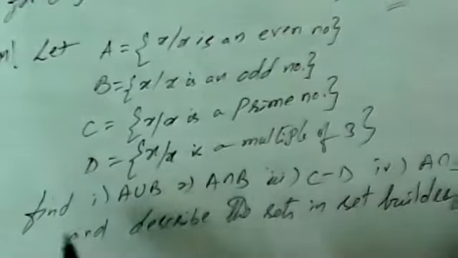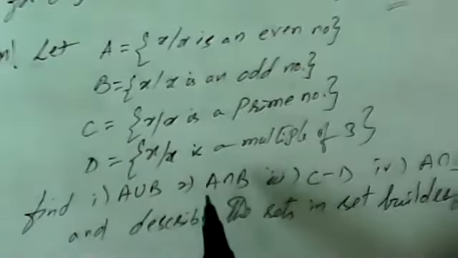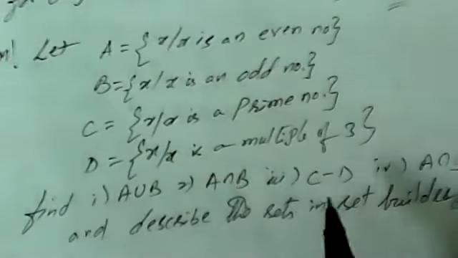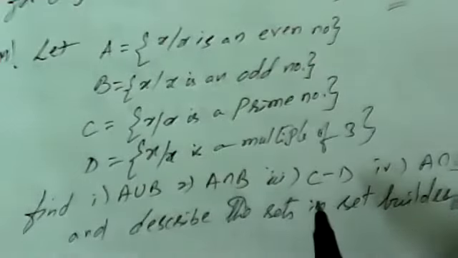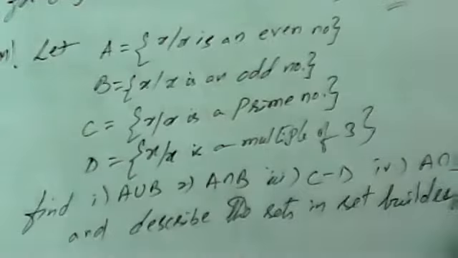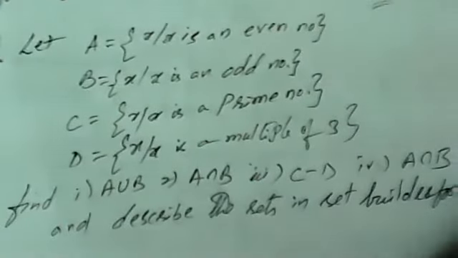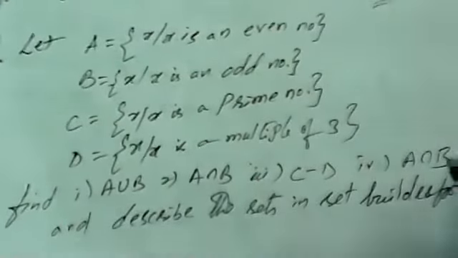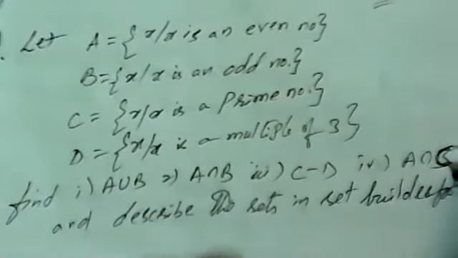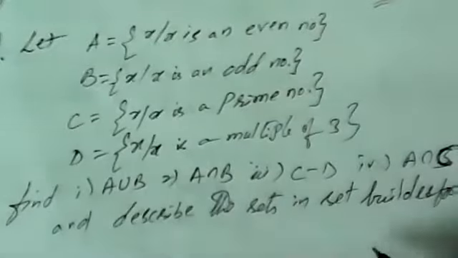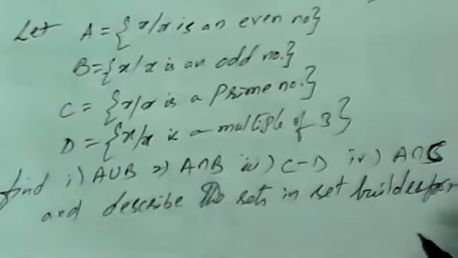You have to find first, A union B; second, A intersection B; third, C minus D; and fourth, A intersection C, and describe the sets in the set builder form.